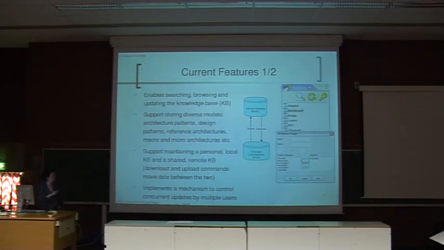I'm not going into all these terms now; if you're not familiar with them, you can Google. But the idea of the tool is not to store things like class diagrams, but rather to store solutions which are reusable or which others can benefit from in some way, like rather conceptual level models than class diagrams.